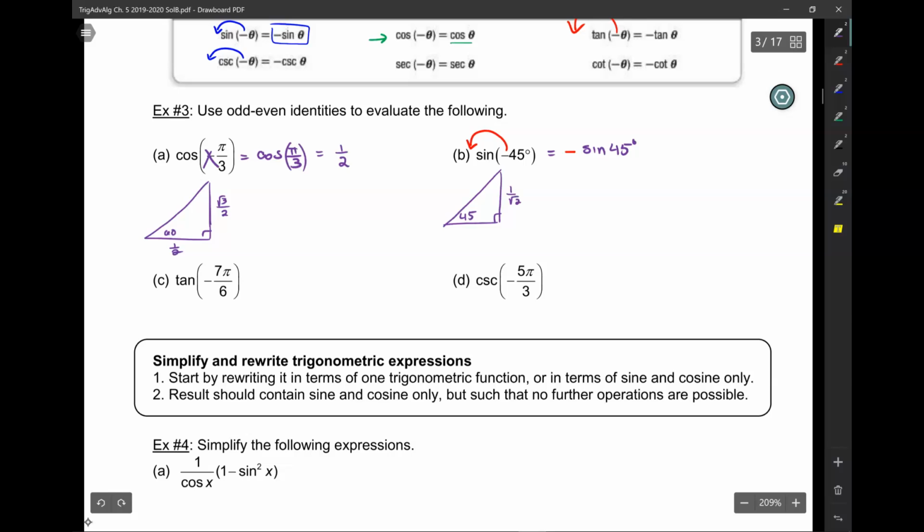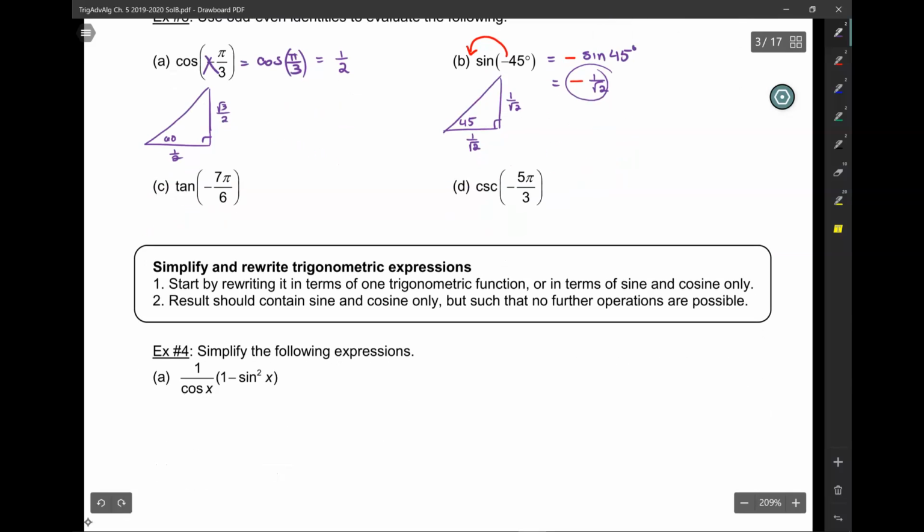And remember, for that one, I had 1 over root 2 for both of them. So this is going to equal the negative from before. Sine is always the vertical side, so it's 1 over root 2, and there we have it.